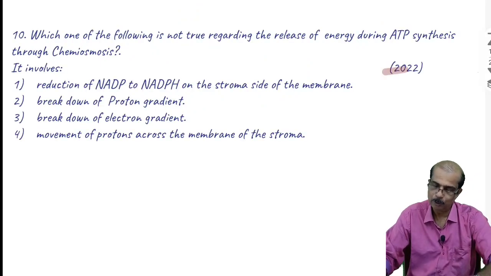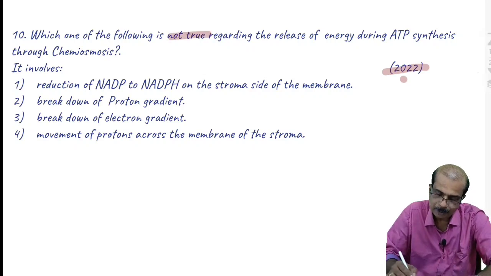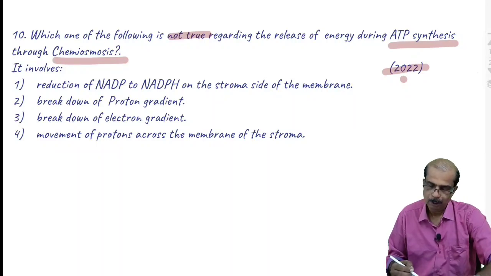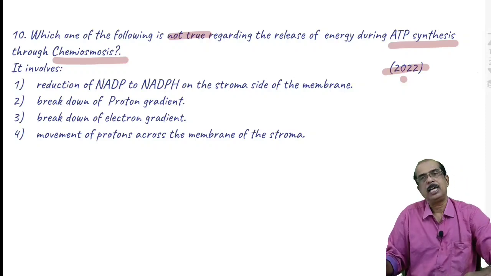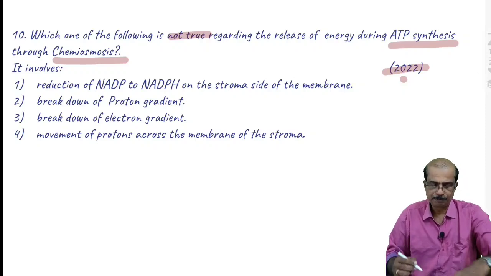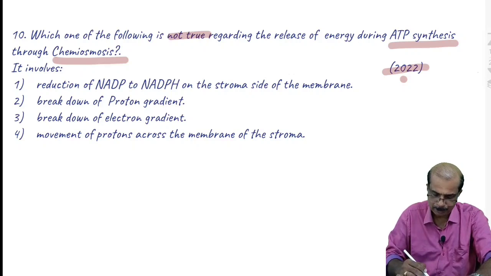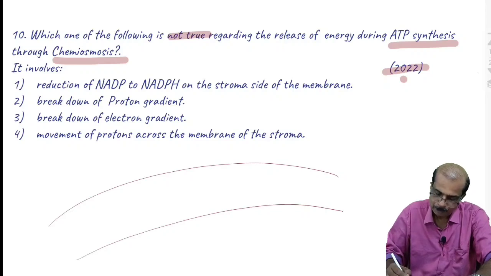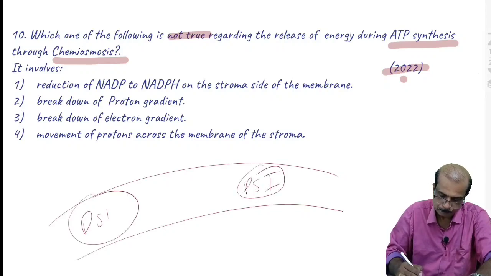Next question, 2022 NEET examination. Which one of the following is not true regarding the release of energy during ATP synthesis through chemiosmosis? We know that during photosynthesis, ATP synthesis takes place by chemiosmosis. Let us imagine the diagram. Here PS1, PS2.